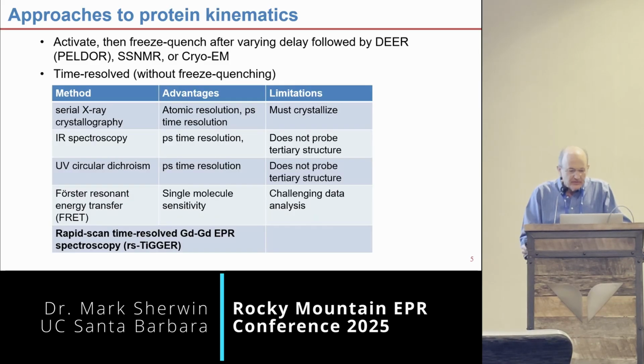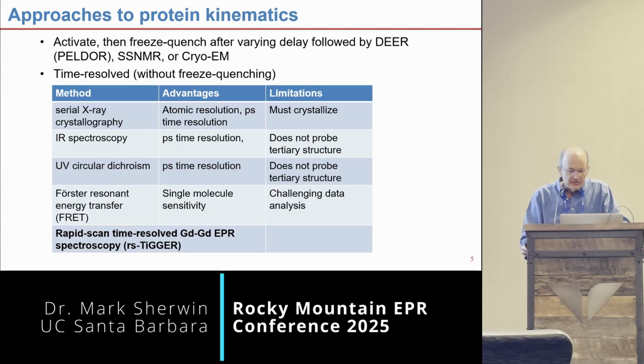Methods here include serial X-ray crystallography, which has atomic resolution and picosecond time resolution. The limitation, of course, as we all know, is that you must crystallize. IR spectroscopy and UV circular dichroism have very good picosecond time resolution. They probe secondary structure, not tertiary structure.